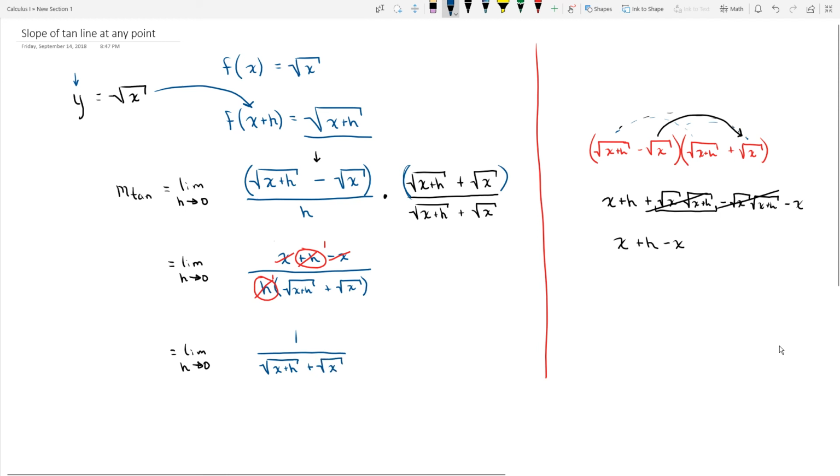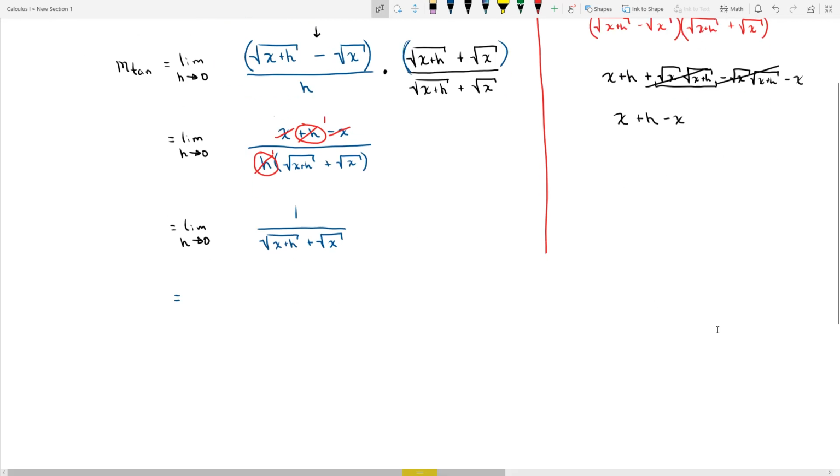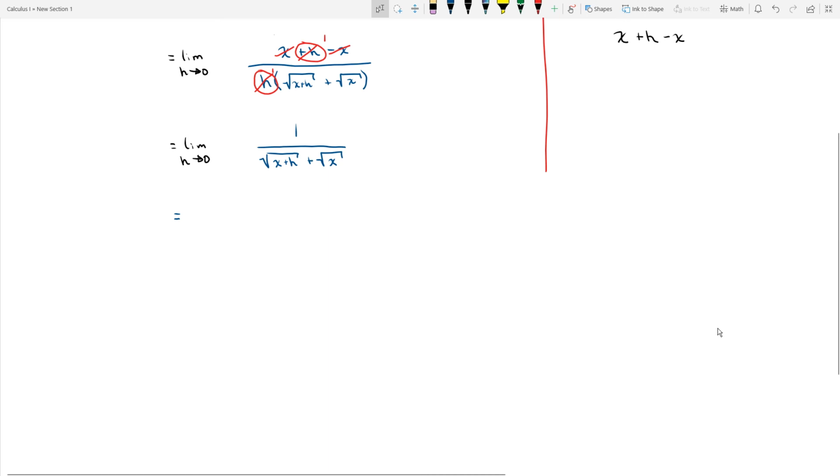And now we're working with a limit that we learned early on in the class, where we can go ahead and try to substitute h with 0 and see what that gives us. So when we do that, we don't need to bring the limit down anymore, because we're not approaching 0 for h, we're actually substituting it. So now we end up with 1 over the square root of x plus 0 plus the square root of x.